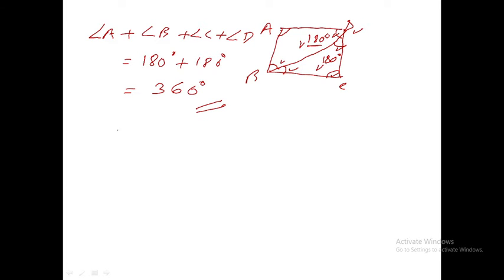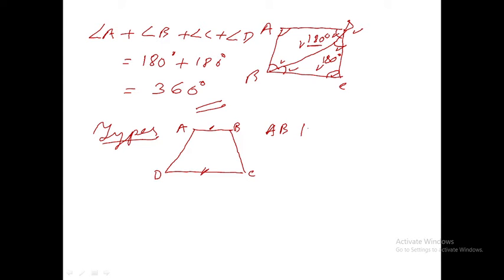You should remember. Now comes types of quadrilateral. What are the types of quadrilateral? If I draw a quadrilateral like this, here this side and this side are parallel. If I take here A, B, C, D, if side AB is parallel to CD, then one pair of sides is parallel.